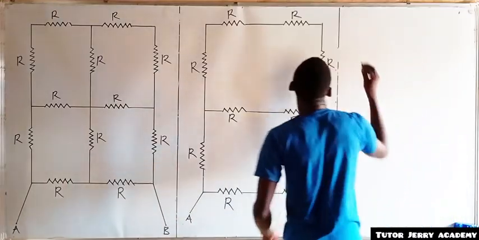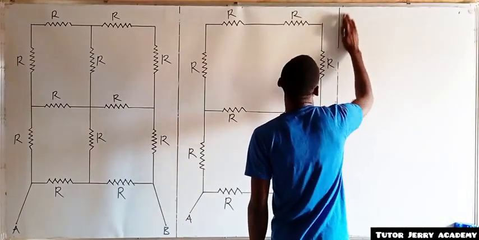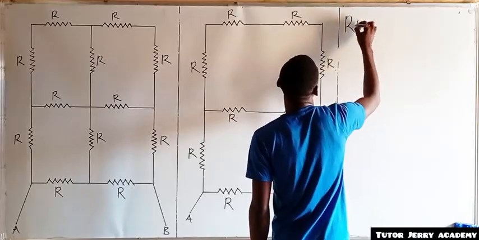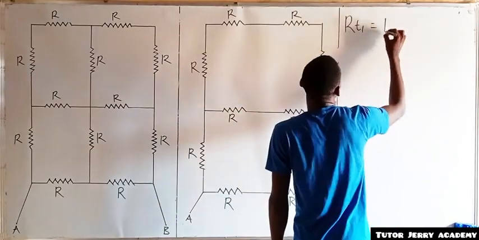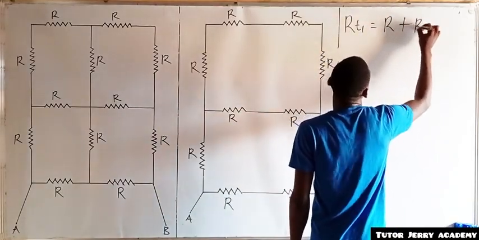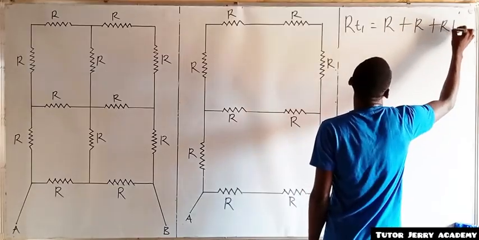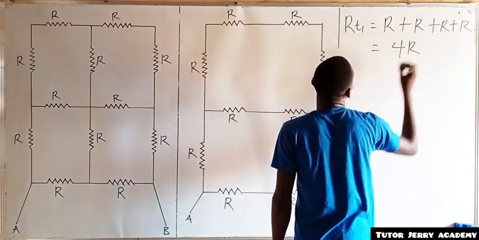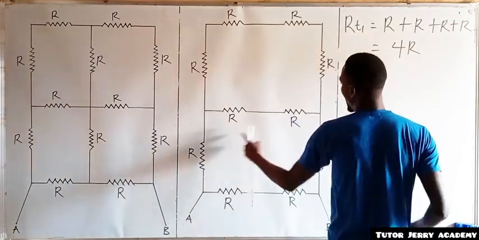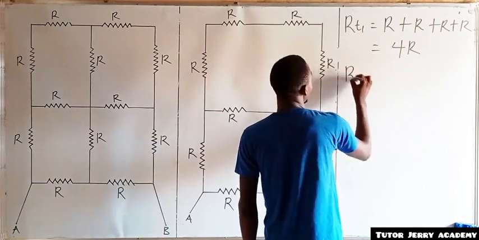So let's take them one after the other. RT1: we have 1, 2, 3, 4, that is R plus R plus R plus R, which gives us 4R.